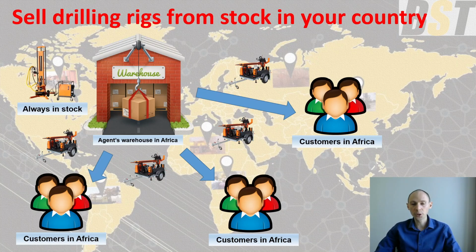But when the potential customers come to visit your warehouse, you need to show them something. You need to show them a real drilling rig. And here you will be able to show this portable drilling rig, which will be not for sale, but just for being located in your warehouse on a permanent basis.